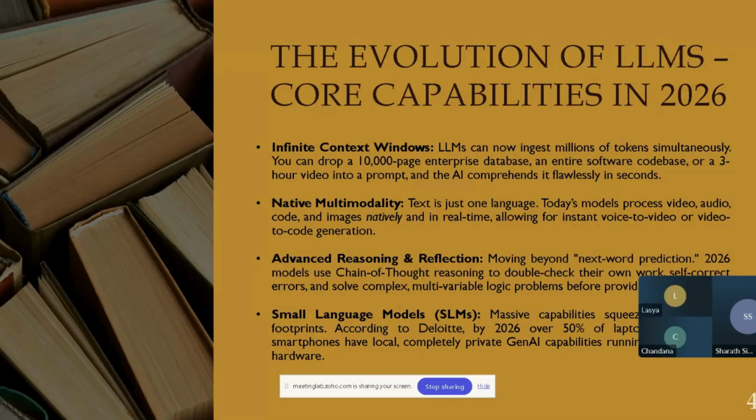First of all, if I compare the large language model capability we have now with what we had in 2020, we have increased the context window by 20 to 50 times, or even 100 times. I'm not going into the technicalities of these terminologies. The context window is nothing but the input capability.